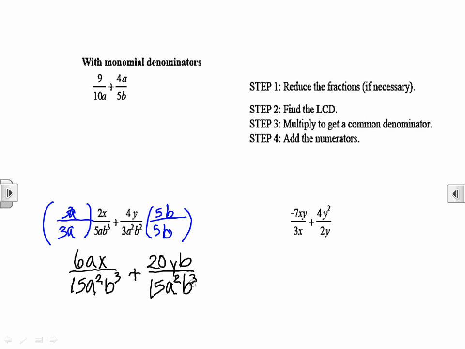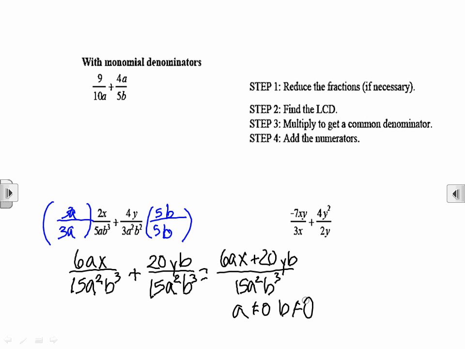So if we did this right, our denominators are the same, which means I can add my numerators. 6ax plus 20yb all over 15a squared b cubed, and a cannot equal 0, and neither can b.